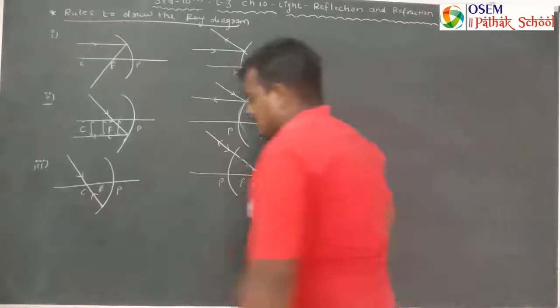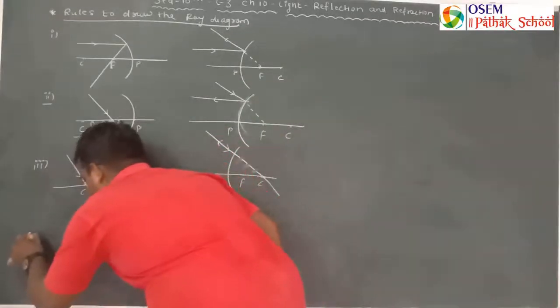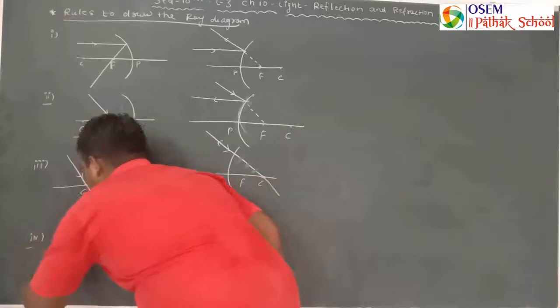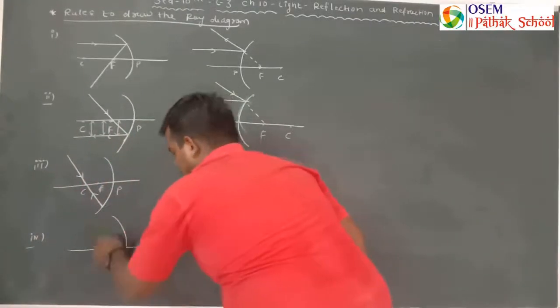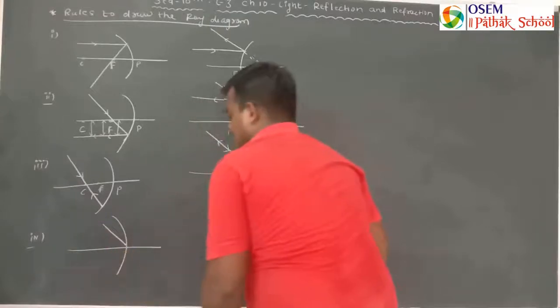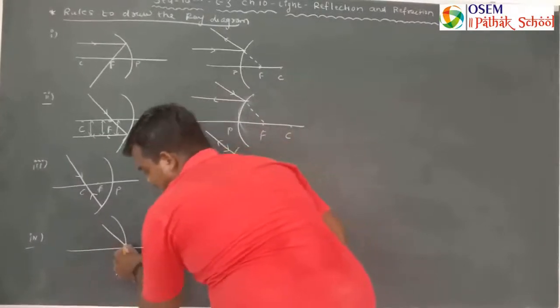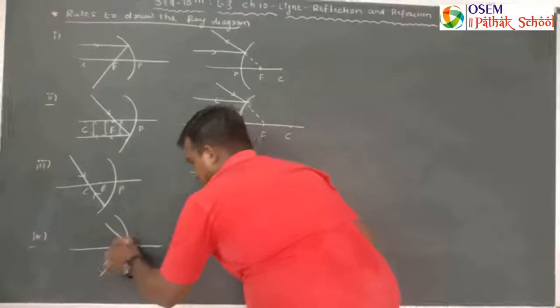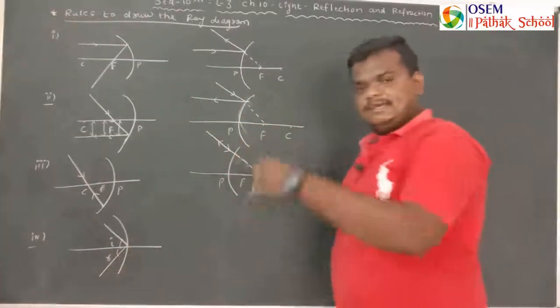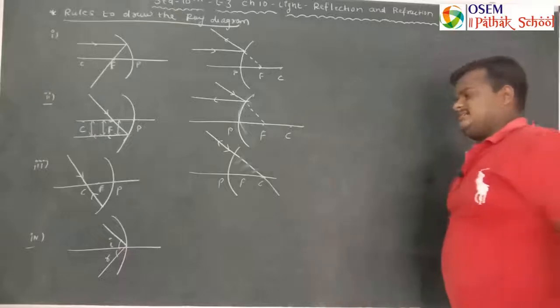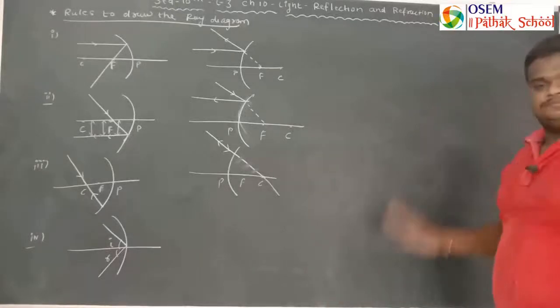And the fourth rule is common to us. This is also known as the laws of reflection. This is a mirror. The ray which strikes the mirror at an angle gets reflected at the same angle. Suppose this angle is I, so this angle will be R, and I equals R for both cases.